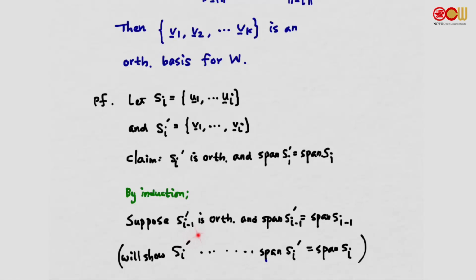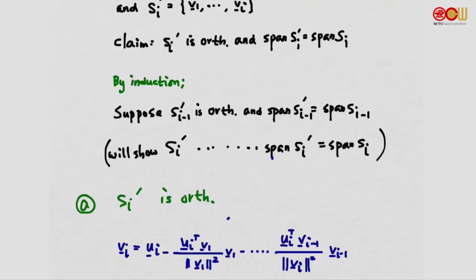Suppose Si minus 1 prime is orthogonal and span Si minus 1 prime is equal to span Si minus 1. And suppose this is true, and we are going to show that then Si prime is orthogonal and it has the same span as Si. So we already know Si minus 1 prime is orthogonal. And now we want to show Si prime is orthogonal.